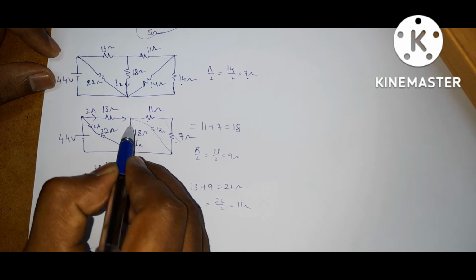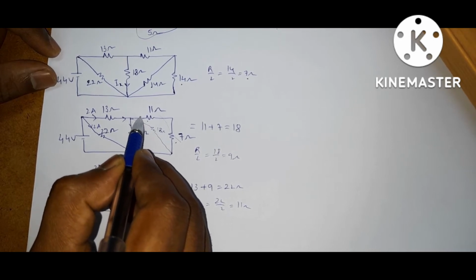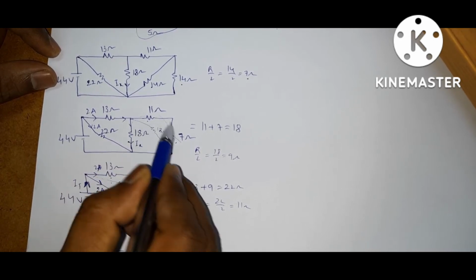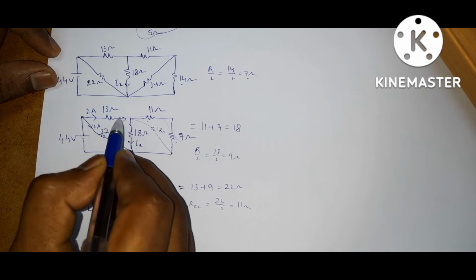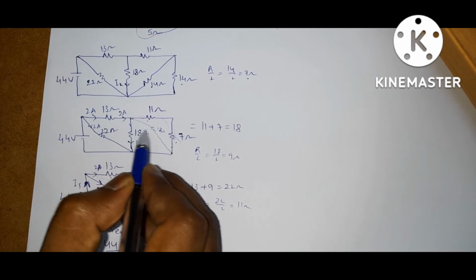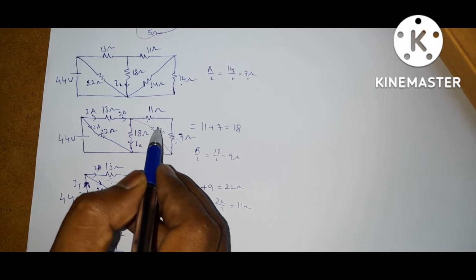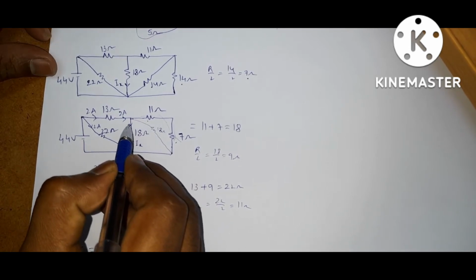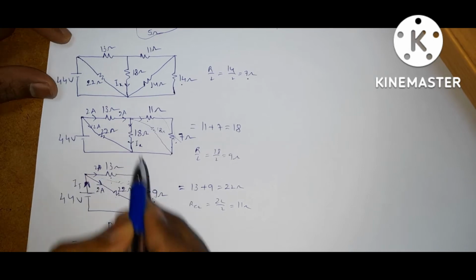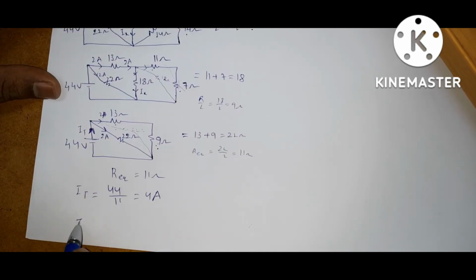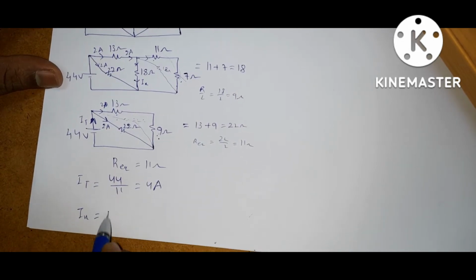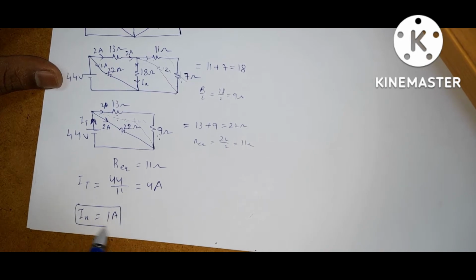Now coming to here, this is 18 ohms. Again, this is 18 ohms and this is 18 ohms. This is 2 amps. If two resistors are connected in parallel with equal values, then current is divided equally. So what we are getting from this circuit, Ix is equal to 1 amp. Or you can apply the current division rule.